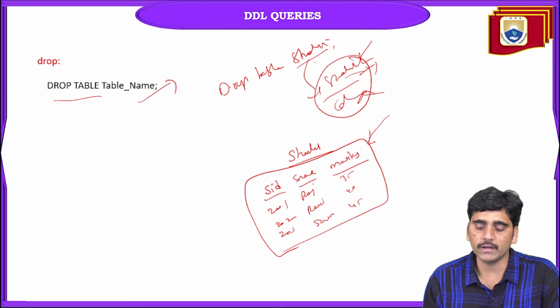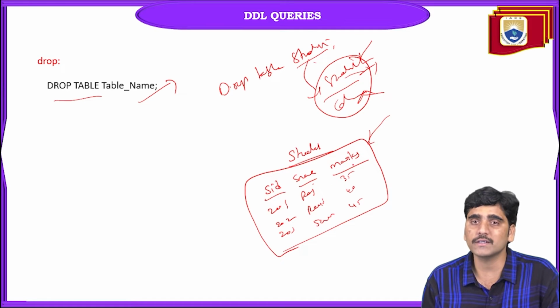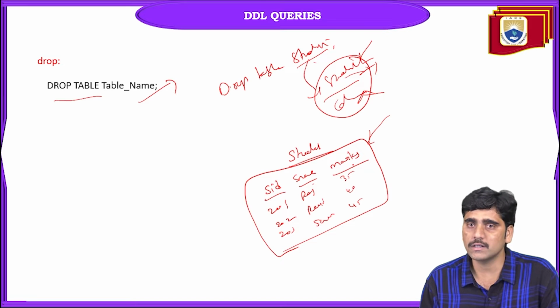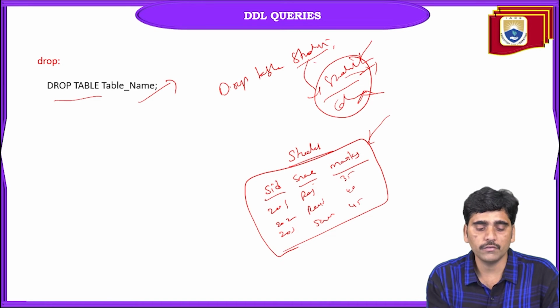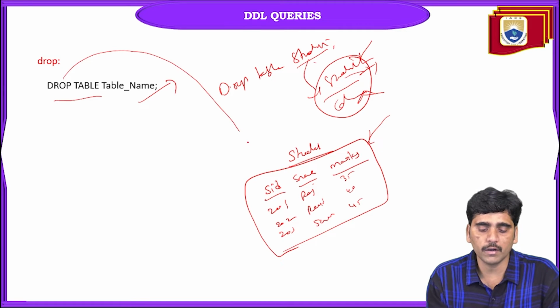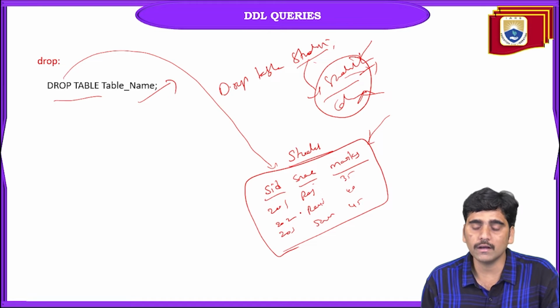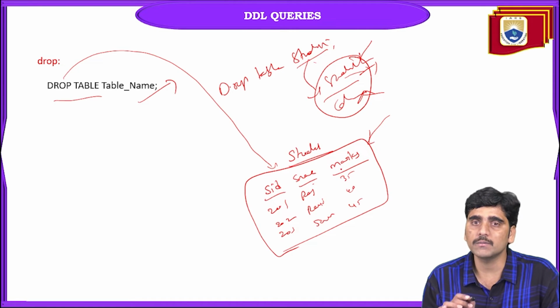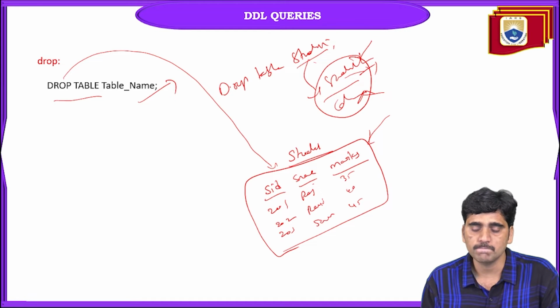If you perform a truncate operation on this table, the records will be deleted, but the table structure is not deleted. But if you perform the drop command on this table, then all the records will be deleted as well as the table structure. So there is no schema present here. So this is the way you can drop the table.